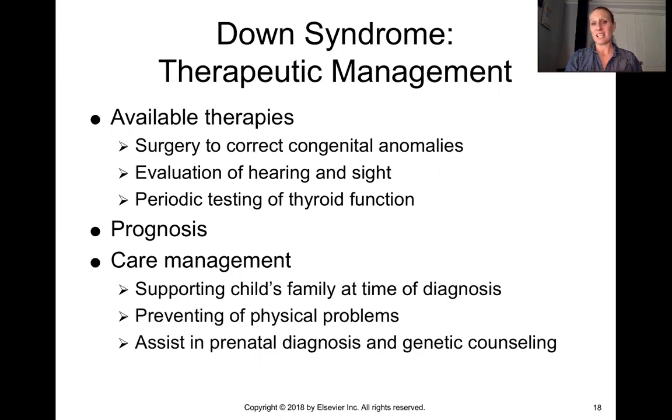We also want to make sure this kid ends up swaddled as a newborn, because their joints are very bendable and movable. They're at risk for physical injury, musculoskeletal injury, because they're a little bit more flaccid than the normal child. They have an increased risk of upper respiratory infections because their muscles of respiration aren't fully developed.